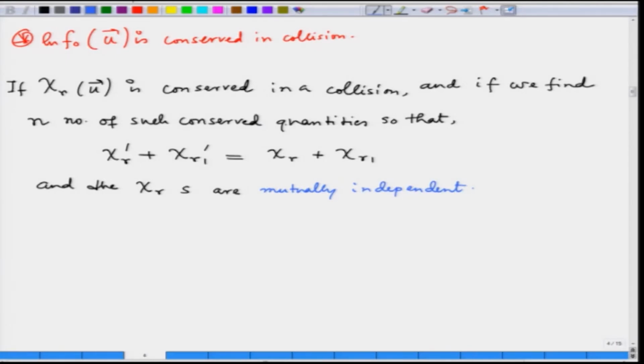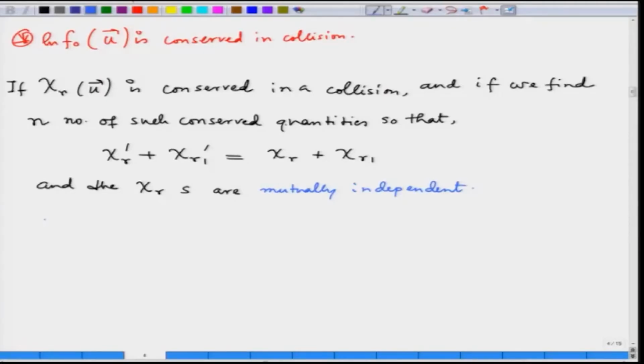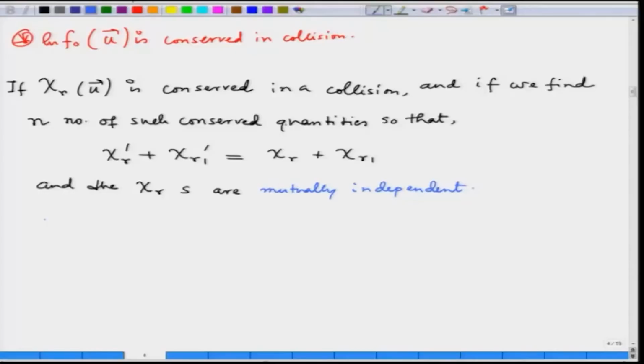For example, if you are considering the conservation of momentum, you can think the three components of the momentum will be conserved in a collision separately or individually. So, the three components are conserved being independent of each other, and there is another independent conservation, which is also a pure function of velocity, that is the kinetic energy. There is another conservation which we do not talk about in general, that is the conservation of number.